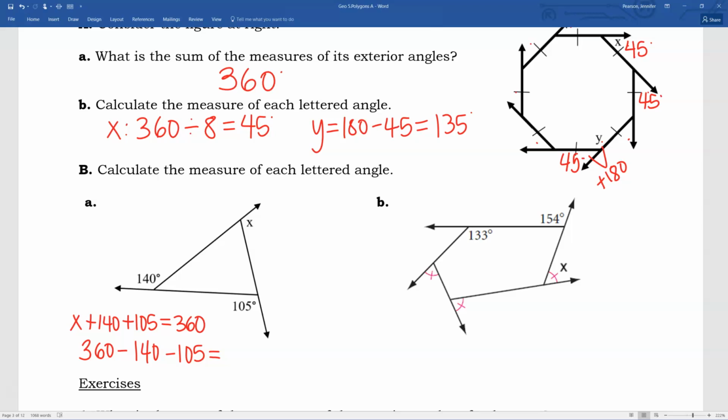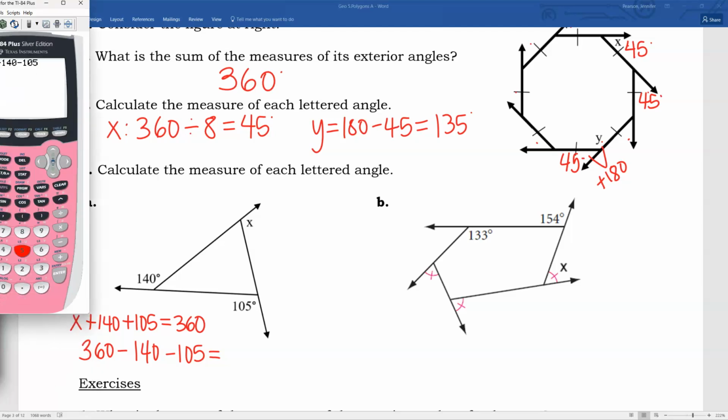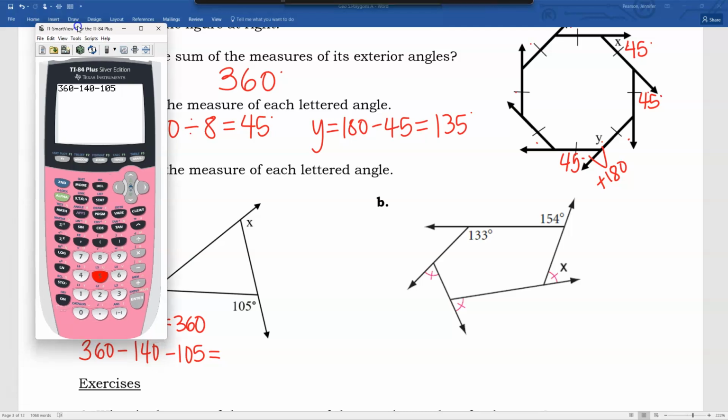I'm going to pull up my calculator so I can show you what I mean. We will go 360 minus 140 minus 105. 360 minus 140 minus 105 gives me a total of 115.